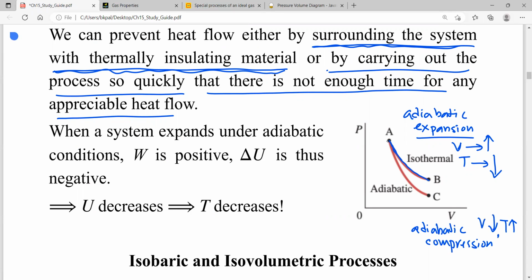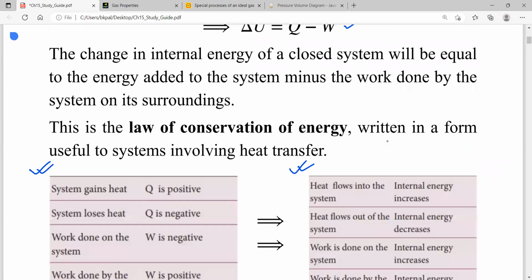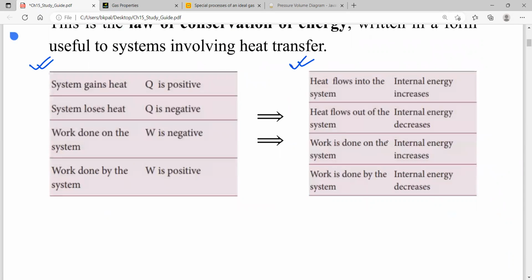Okay, you can go back to the first slide. Using this table and this table, you can show that when volume increases, the internal energy decreases, so that means the temperature decreases.